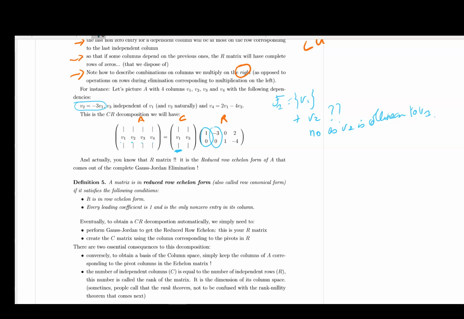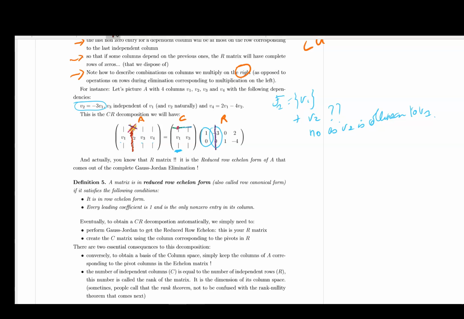So maybe you can try to picture what is happening when you want to build items in V2. What's happening in that multiplication when you want to build that item? The first one is just going to be the multiplication of the first row of my C matrix times this column, so that is selecting 3 times my V1 element, and 0 times the one that comes after.